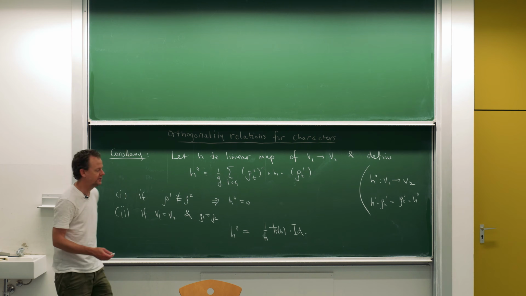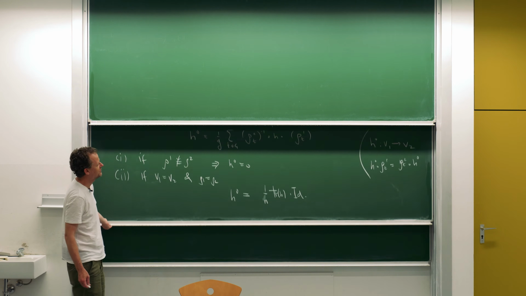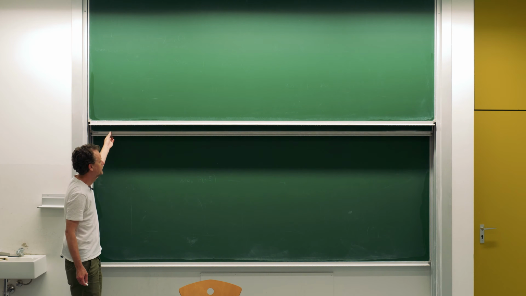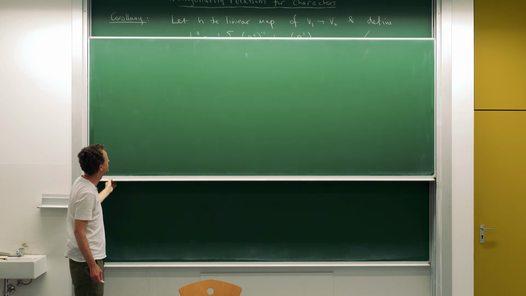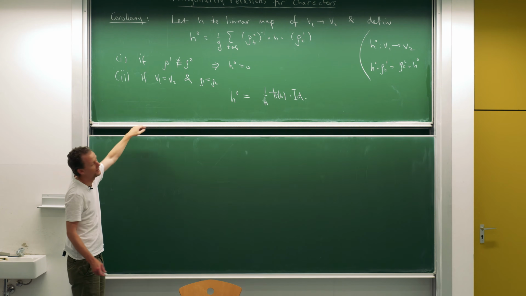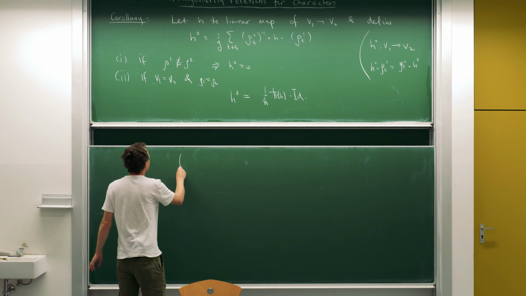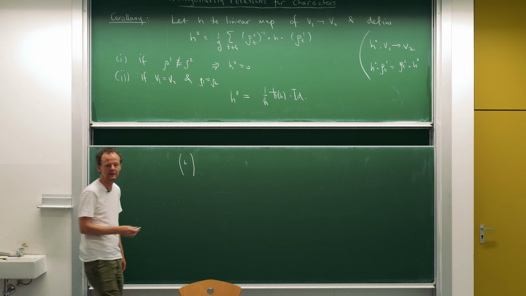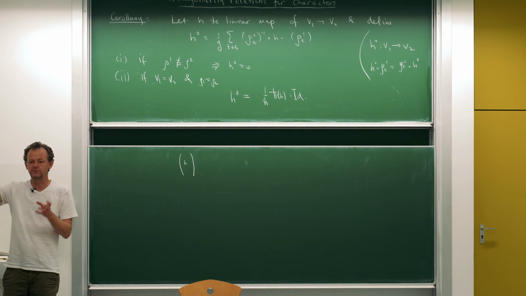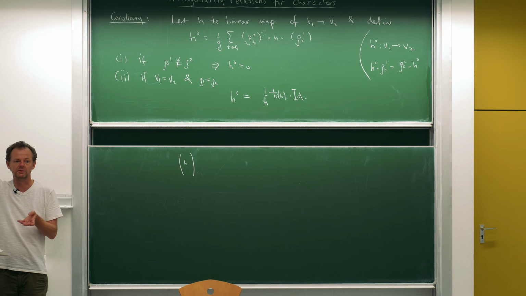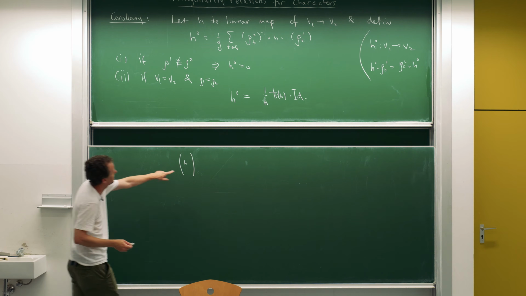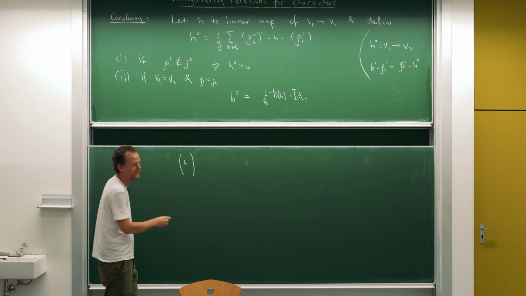So I invited you in the last lecture to think about this in terms of matrices. So this equation for H0, I invited you to think of H as a kind of rectangular matrix, right? H is going between V1 and V2. V1 might be bigger than V2, or V1 might be smaller than V2. I've drawn the rectangle this way, but could have done it another way.